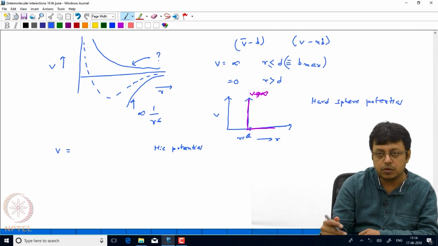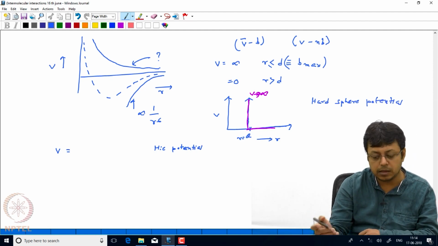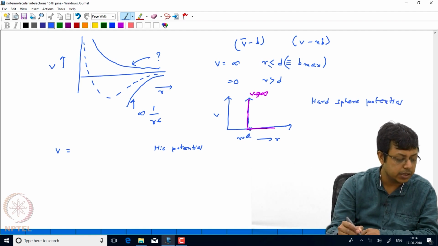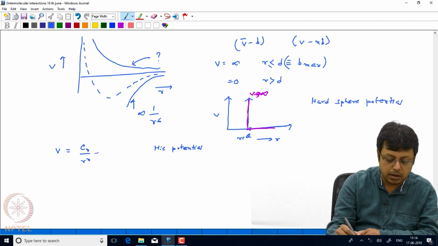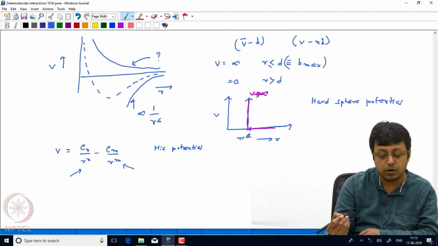This is after Gustav Mie, who did a lot of work on scattering by spherical particles of arbitrary size. The potential looks like this, where the attractive part goes as 1 over r to the power m, and the repulsive part goes as 1 over r to the power n.